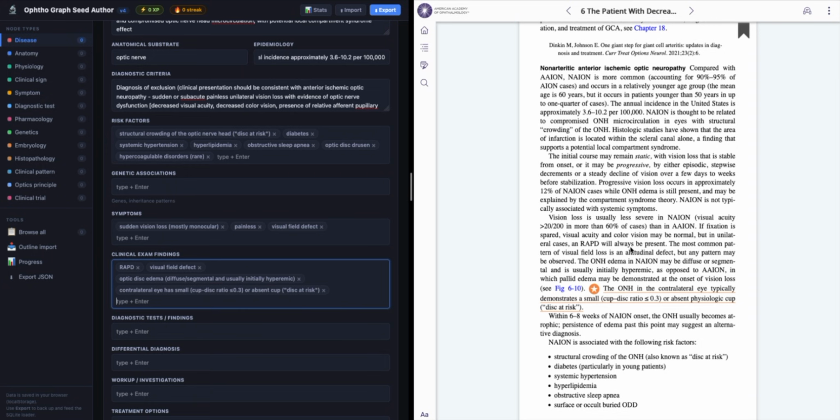Okay, so I think that ends up putting in most of that. We'll put in vision loss, and we can put some of this nuance in here. Visual acuity better than 20/200 in more than 60% of cases.